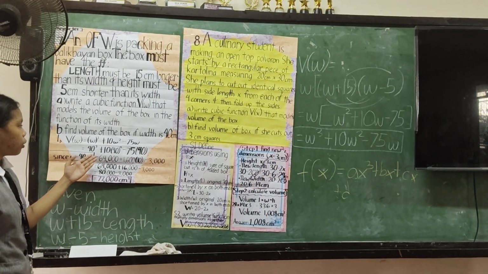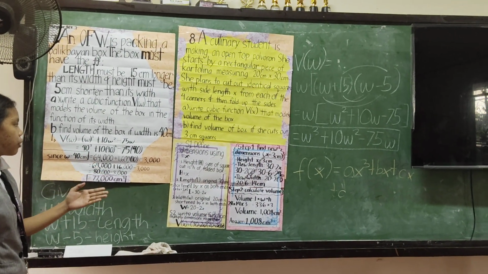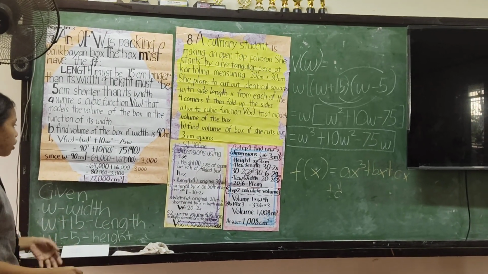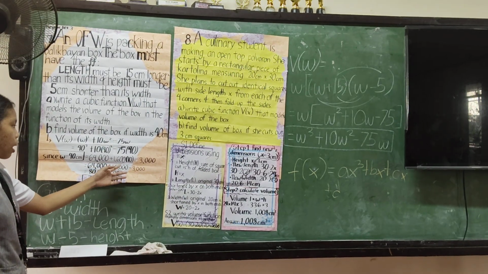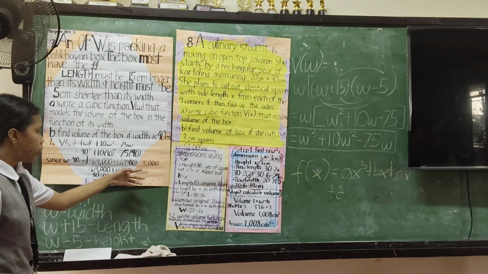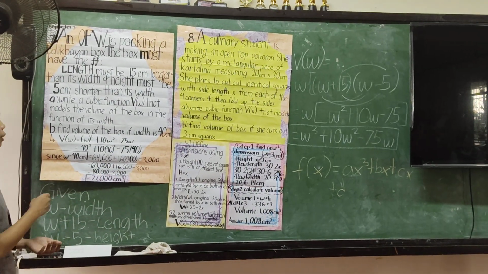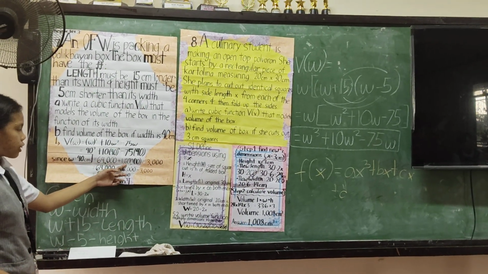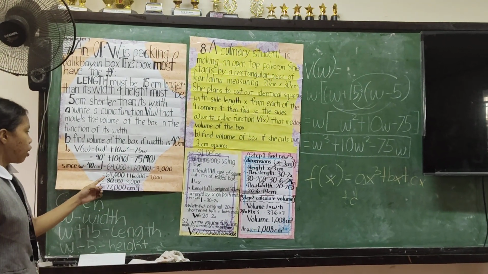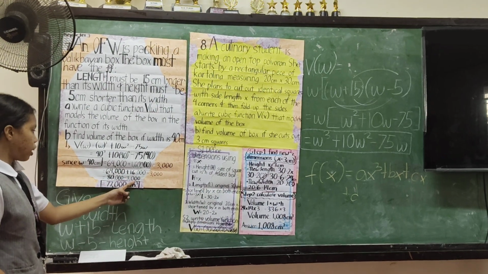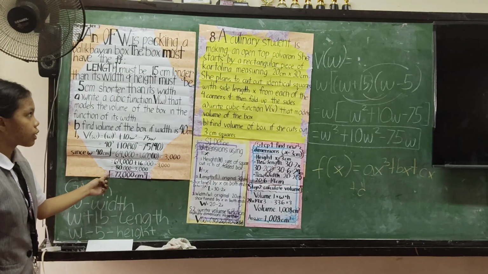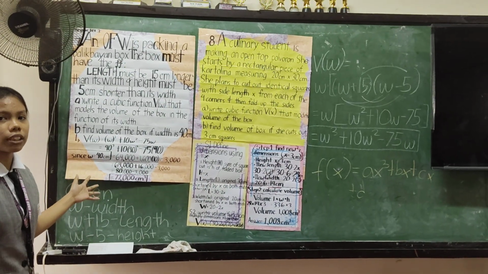So we get 40 cubed plus 10 times 40 squared minus 75 times 40. 40 cubed gives us 64,000, plus 40 squared, 1,600, times 10, which is 16,000, minus 75 times 40, which gives us negative 3,000. 64,000 plus 16,000 gets us 80,000, minus 3,000. Our final volume would be 77,000 cubic centimeters. So this is question number 7, class.